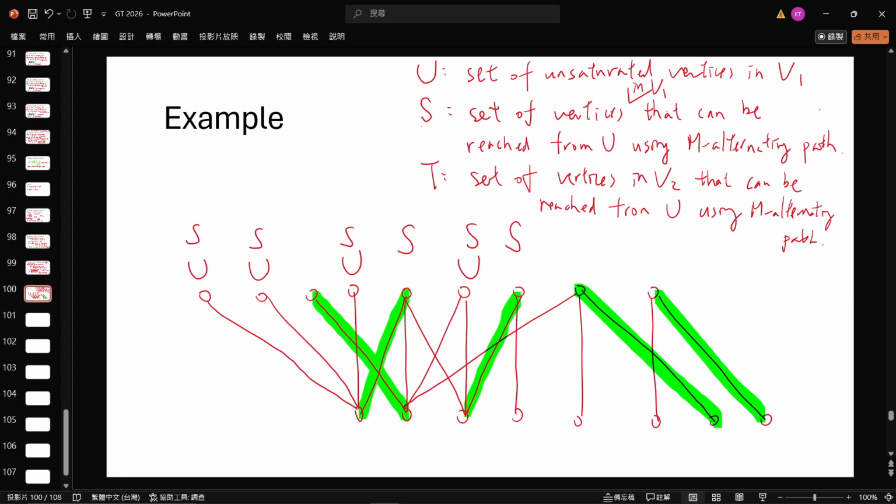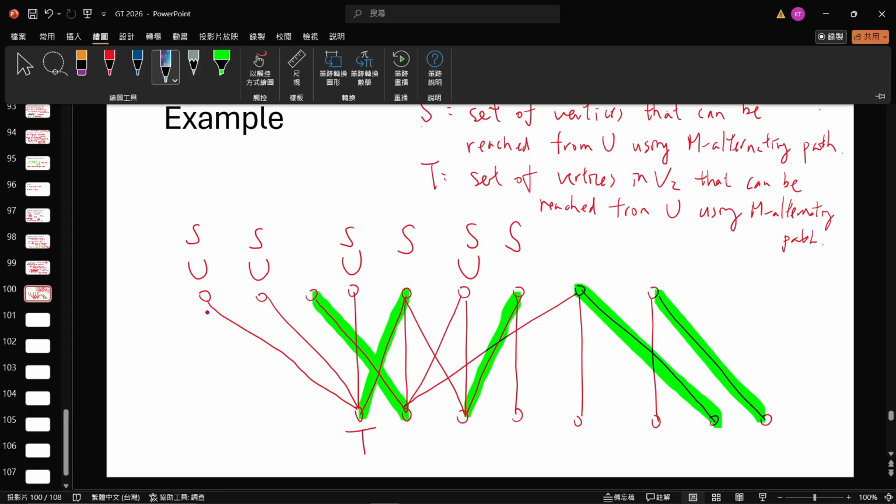So for example, this is in T. And actually I think this is also in S because I can use this path.